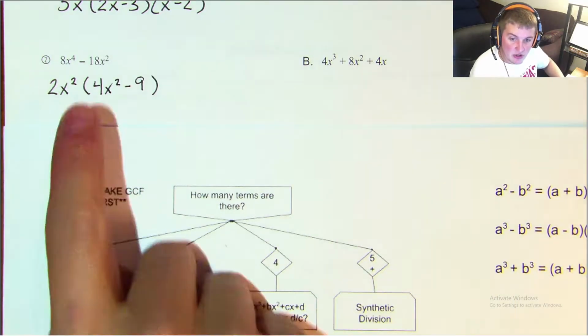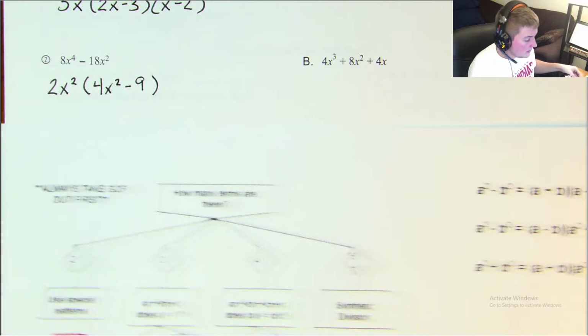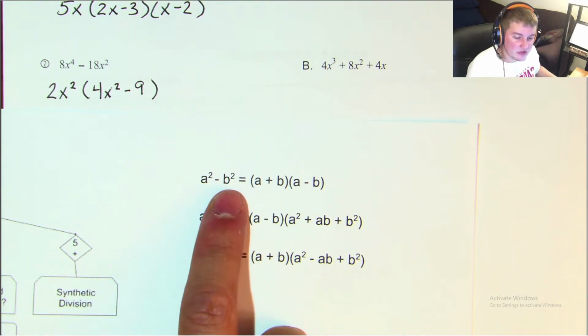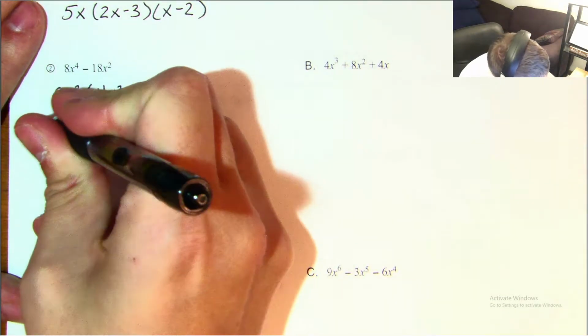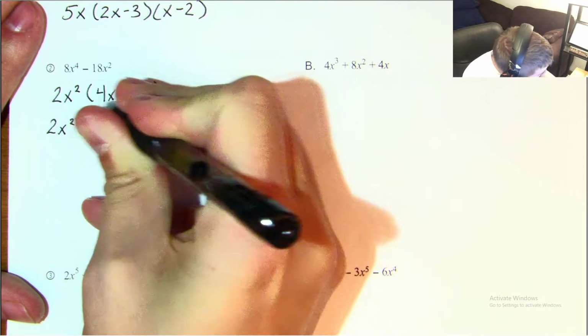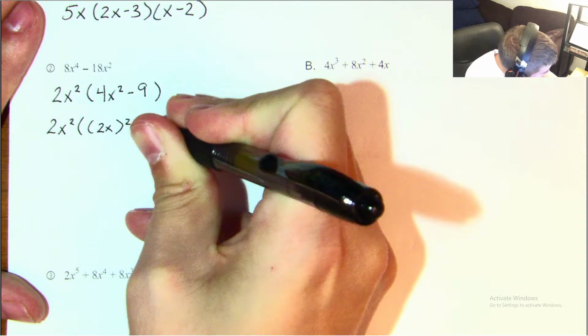Here I have 2 terms: 4x squared and minus 9. That hints at a difference of squares, because 4x squared is a perfect square and 9 is a perfect square. So this can factor into 2x squared times... well, the root of 4x squared is 2x, and the root of 9 is 3.